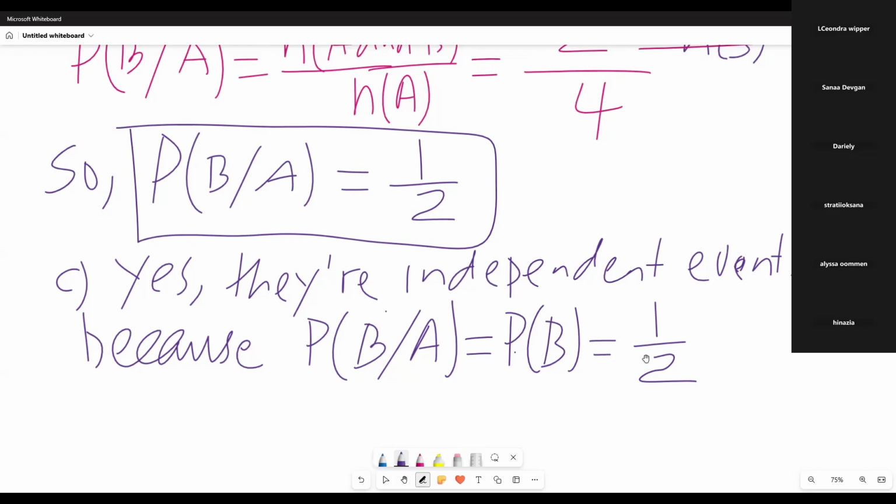Yes. Let me cover one more thing here in chapter 4. Yes, they are independent events because the probability of B given A is equal to the probability of B.